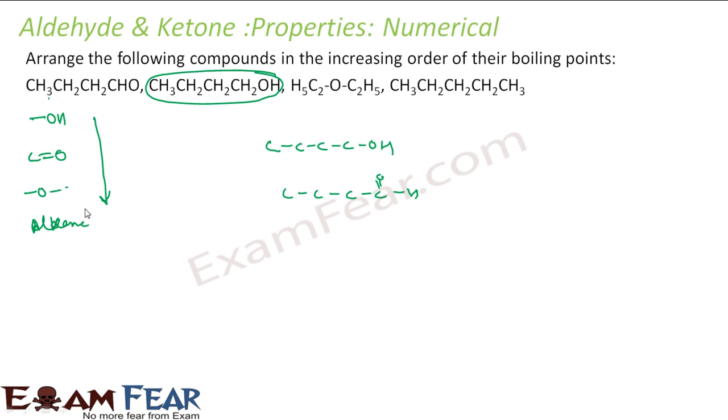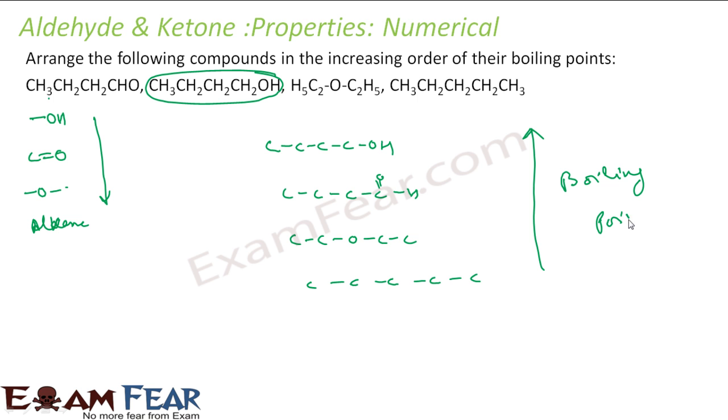And then I have ester. Let me put the ester. And then I have the alkane. Right? This is my order. Maximum because of hydrogen bond, then we have dipole-dipole interaction, and then we have van der Waals force.